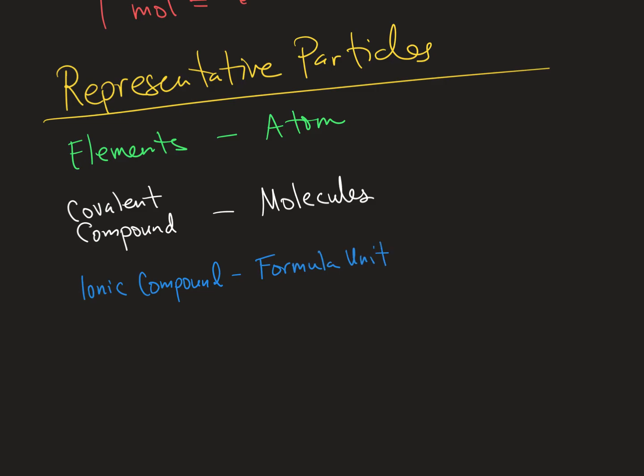And that's kind of long and clunky, so we abbreviate it. I'm sorry. And the last one are ions. And the smallest unit of an ion is an ion. Okay?